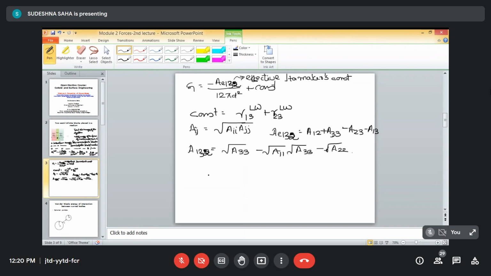So when I write down this condition, if A33 is in between A11 and A22, then semi-infinite blocks will repel each other in the presence of medium.